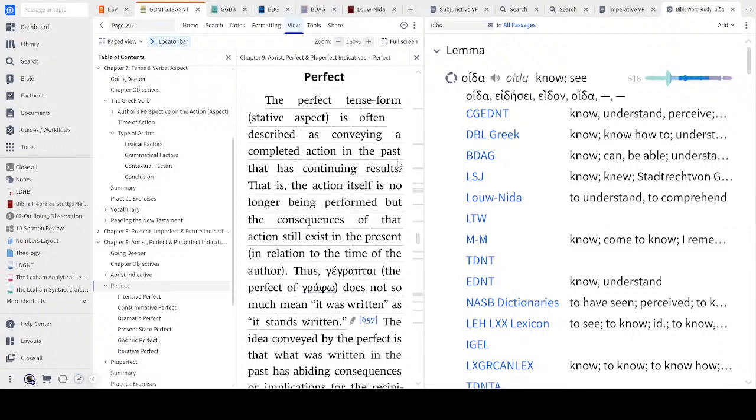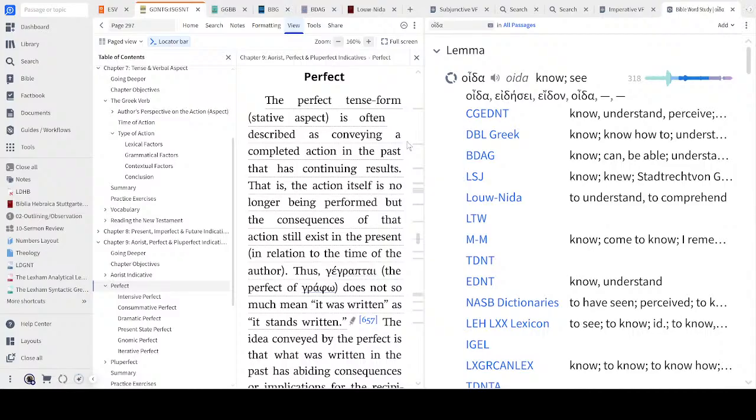The perfect tense form, the stative aspect, is often described as conveying a completed action in the past that has continuing results. That is, the action itself is no longer being performed, but the consequences of that action still exist in the present, in relation to the time of the author.